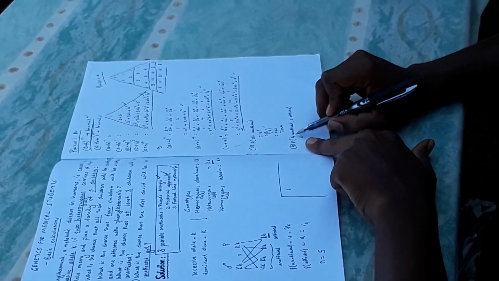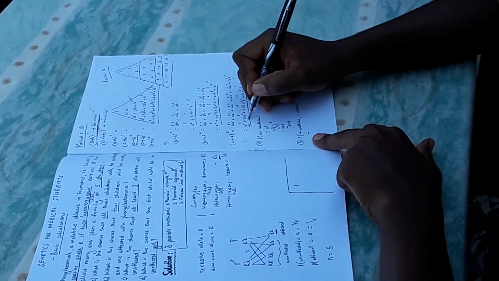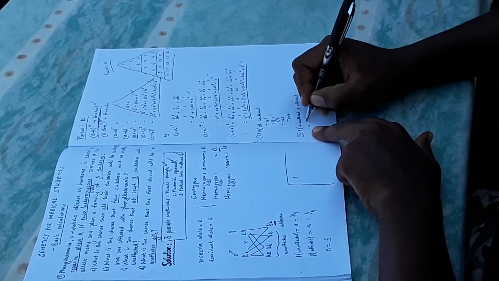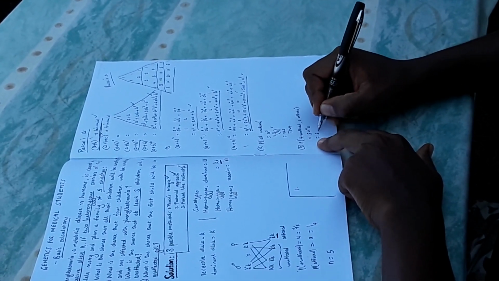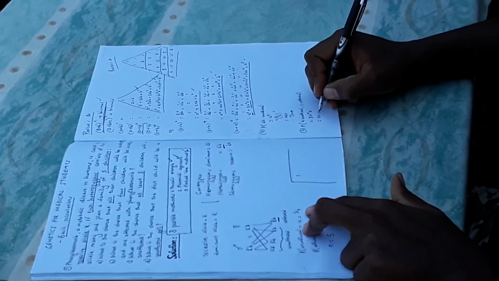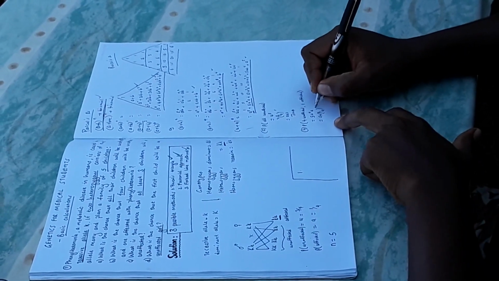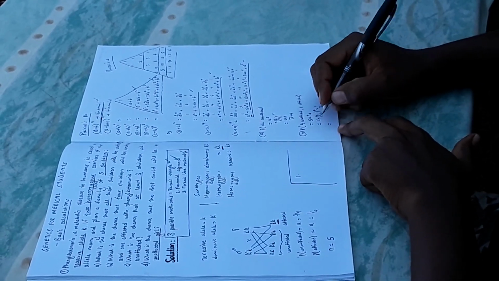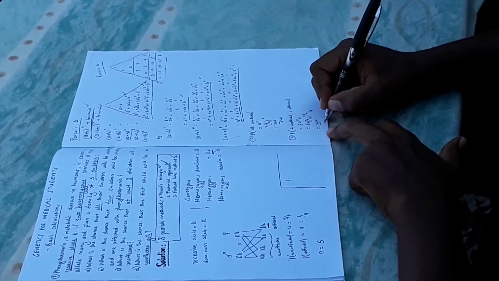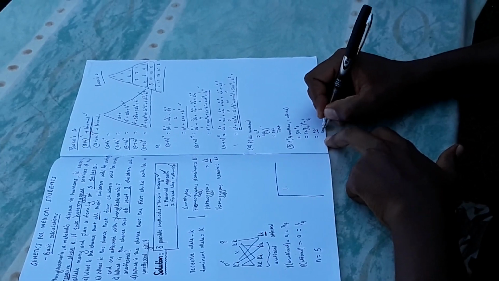The expression that has 4 unaffected and 1 affected is this one here, the second one. So it is equal to 5u^4 a, which is equal to 5 multiplied by u, which is (3/4)^4, multiplied by 1 out of 4, which is equal to 405 over 1024.